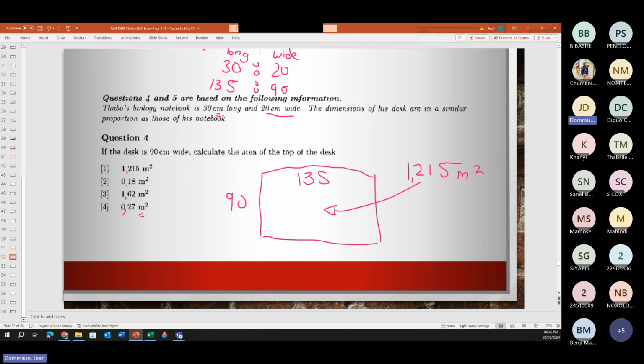So 90 divided by 20 gives you 4.5. 4.5 times 30 will give us the 135. Okay, and then if you multiply the 90 times the 135, you get your area as 1,215 square centimeters.